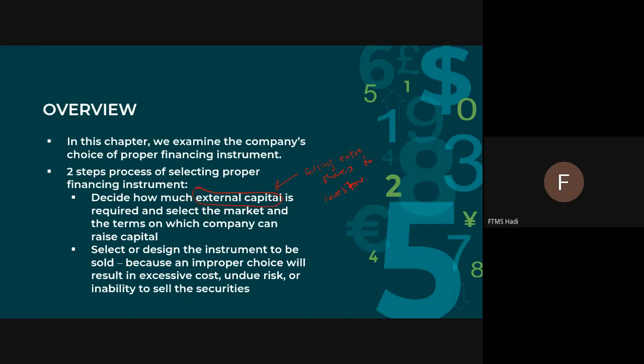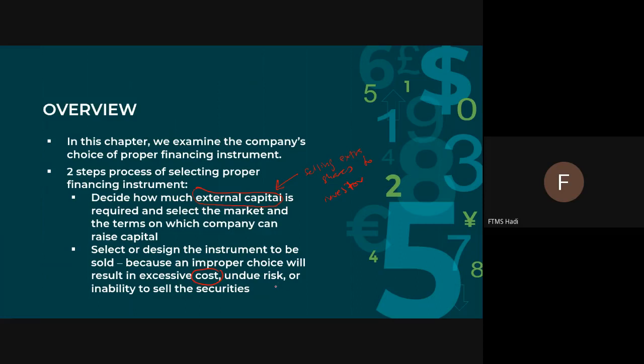What happens if we make a bad decision in financing? Remember, whether you go for equity or debt, there must be some cost. They need to make sure that the return from the financing matches the cost; if it is more than that, it will be good.